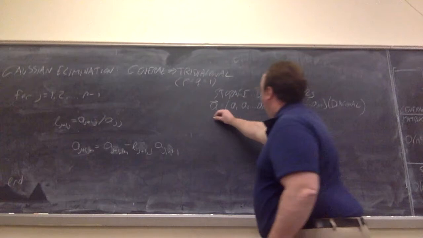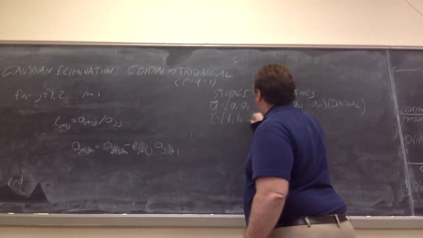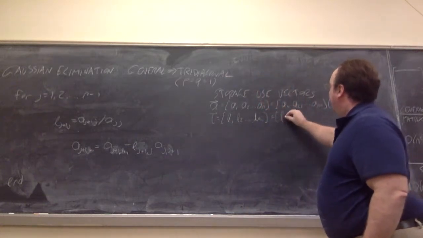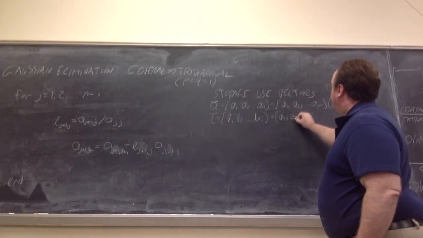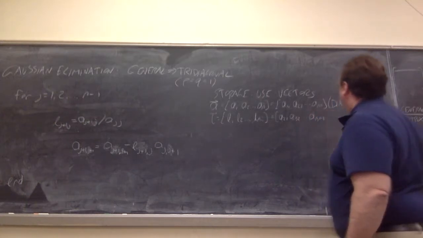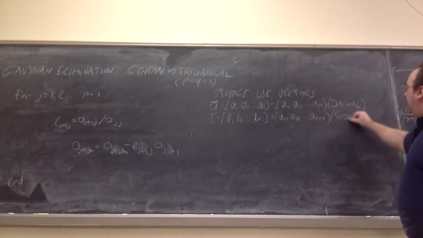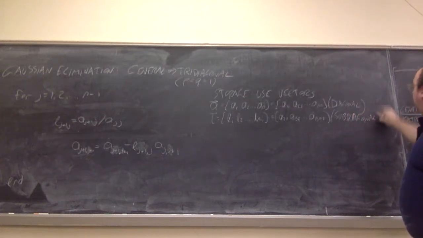Then I have a vector L, which contains only n minus 1 entries. That corresponds to the entries A21, A32, all the entries below the diagonal. So that's the subdiagonal.